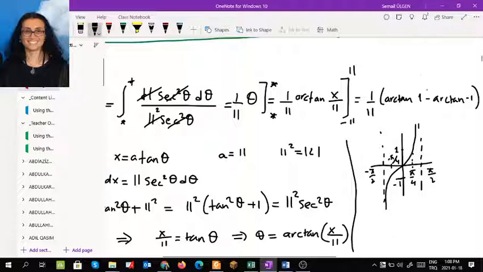So this is going to be pi over 4 and this is going to be negative pi over 4. And this is going to give us that. What's the answer from here? The answer is 1 over 11 times pi over 2, because 2 times pi over 4 gives you pi over 2. Pi over 22 is the answer. Okay, this is the final answer.